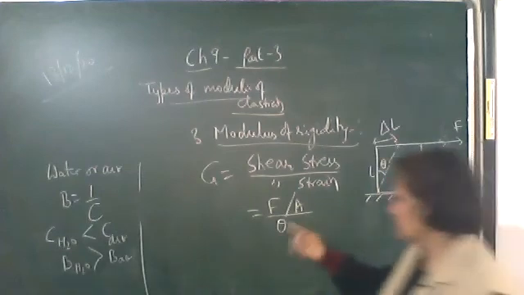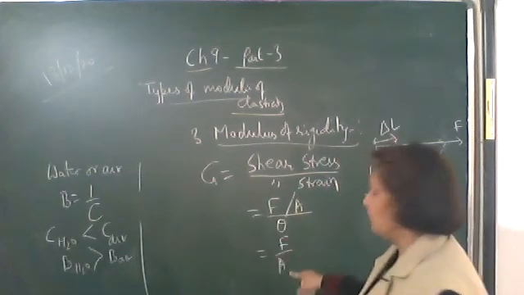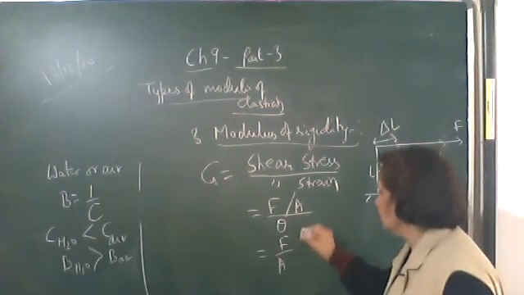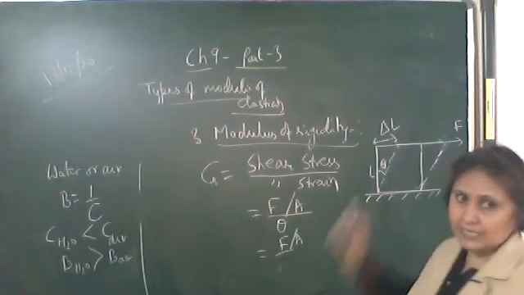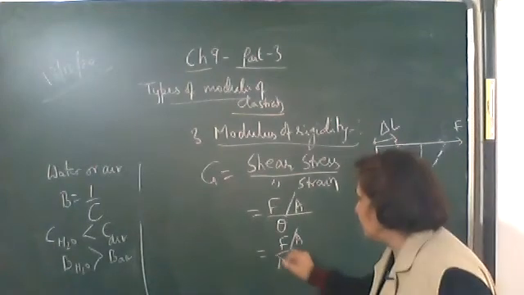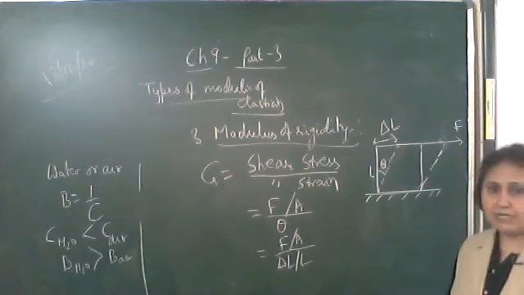This we have already studied. Theta is equal to delta L upon L. Theta is very, very small, so it can be taken equal to tan theta, which is equal to delta L upon L.